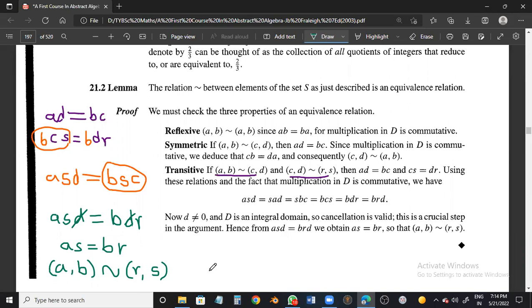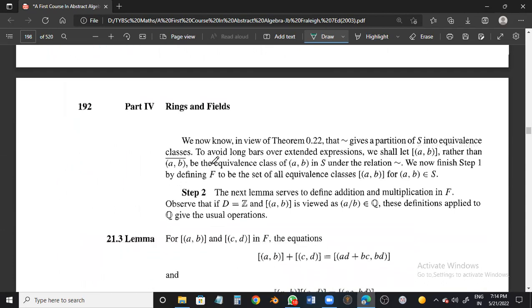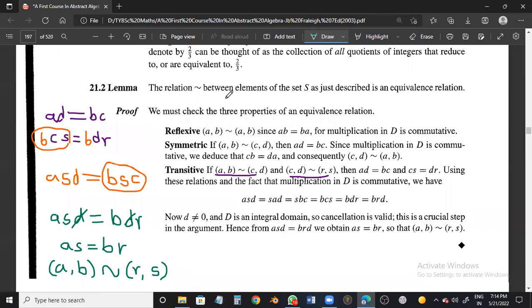We began with AB equivalent to CD and CD equivalent to RS, and we reach the fact that the first is equivalent to the last. So we have shown that it is transitive, and that's why all three hold, and so tilde defined this way is an equivalence relation.